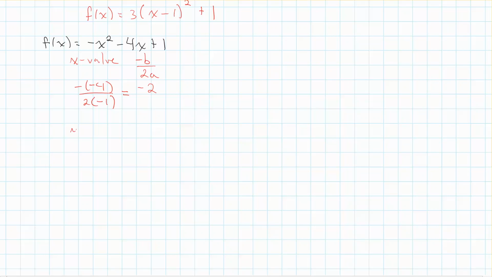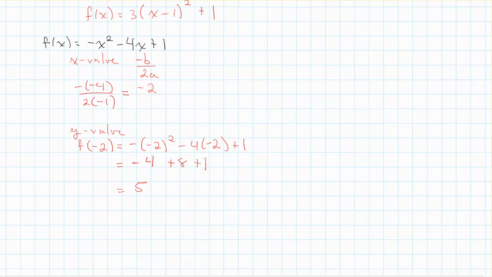And then the y value is just f at negative 2, which should be negative 2 squared minus 4 times negative 2 plus 1. So this would be negative 4 plus 8 plus 1, which would be 5.